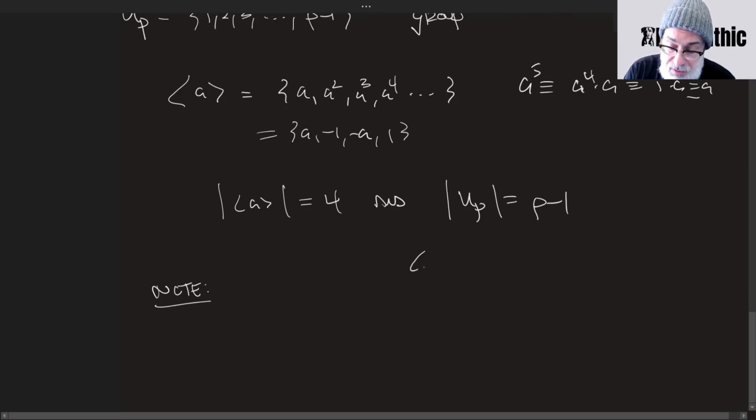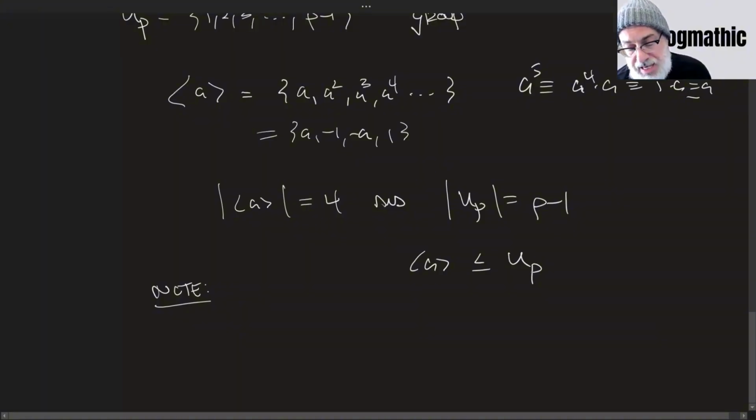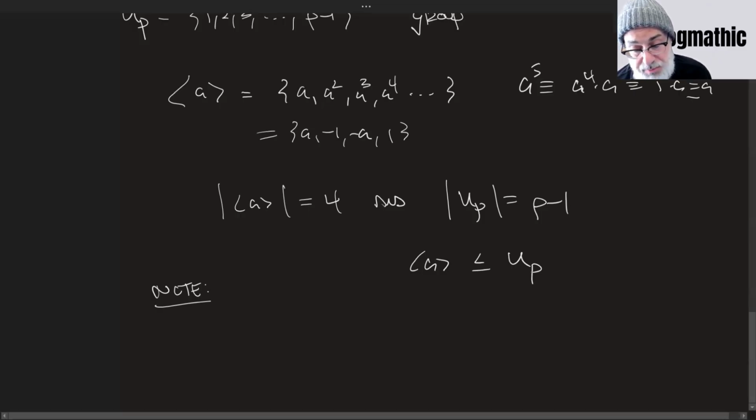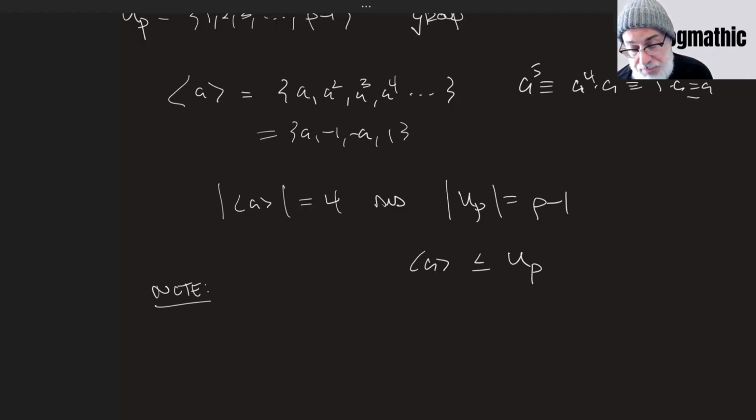I suppose if I was thorough, I would. That's the subgroup notation. And it's obviously a subset, because whatever a is, it'll be in the units mod p. So it's a subgroup.